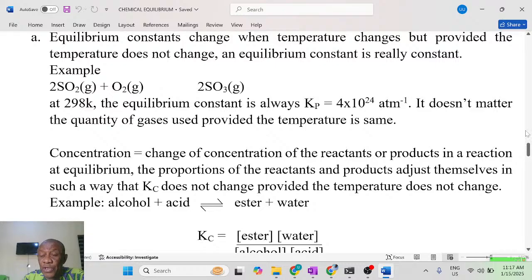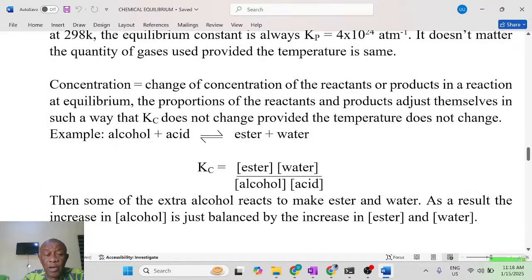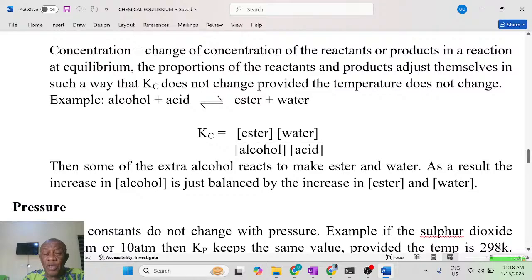Then we'll go over to concentration. We find that when the concentration of reactants or products in the reaction at equilibrium changes, the proportions of the reactants and products adjust themselves in such a way that Kc does not change, provided that the temperature does not change. Look at our reaction: acid plus alcohol to give us ester plus water.